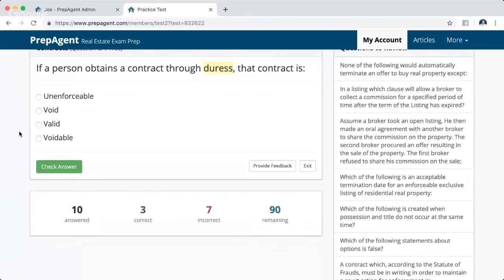If a person obtains a contract through duress, that contract is A, unenforceable, B, void, C, valid, D, voidable.